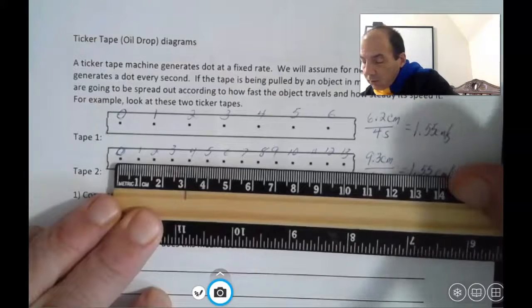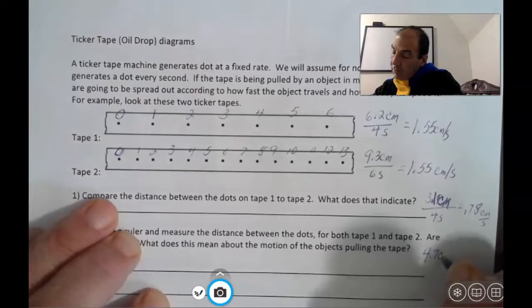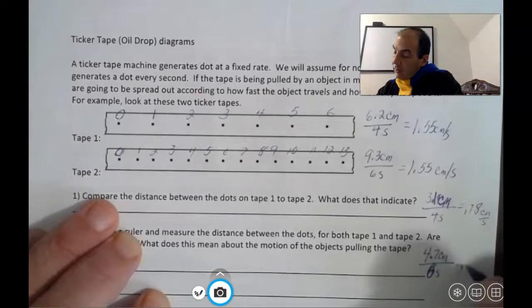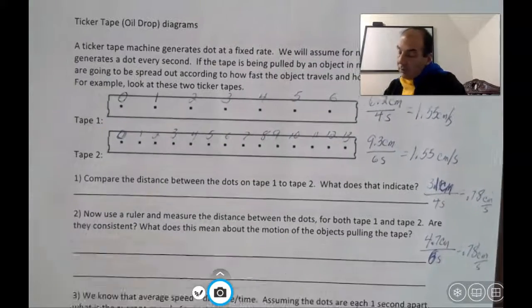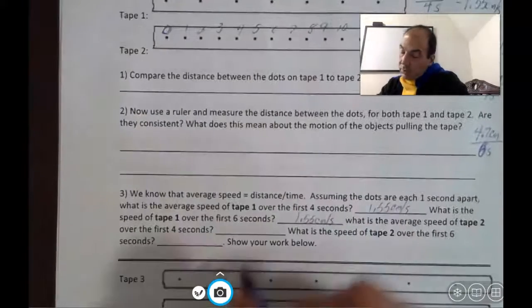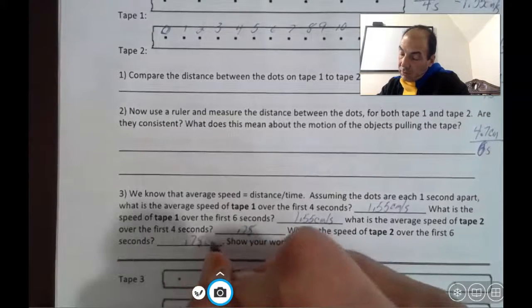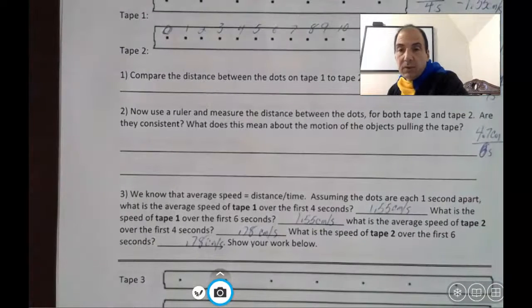So at 6, we're around 4.7 centimeters in 6 seconds, which is around 0.783. I'm going to round it to 0.78. So yeah, I have to round these off a bit to get them consistent, but we do see that we are getting pretty consistent answers for here and here. So the speed is pretty consistent. Not perfect, but then who is, right?